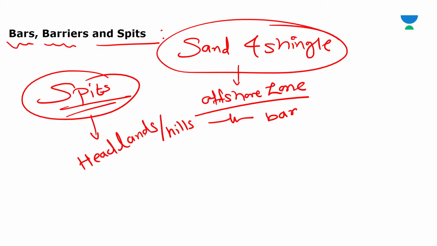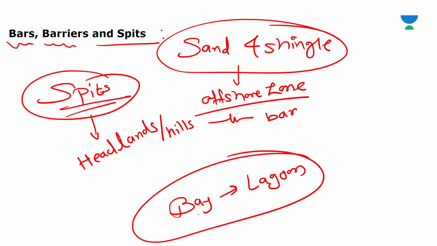so the barriers, bars and spits at the mouth of the bay gradually extend, leaving only a small opening of the bay into the sea, and the bay will eventually develop into a lagoon.